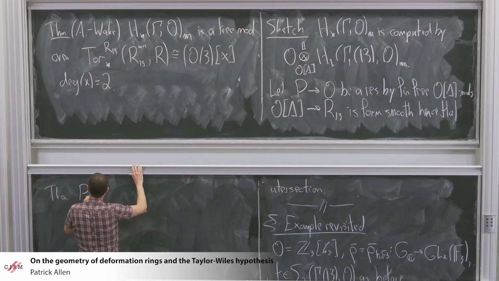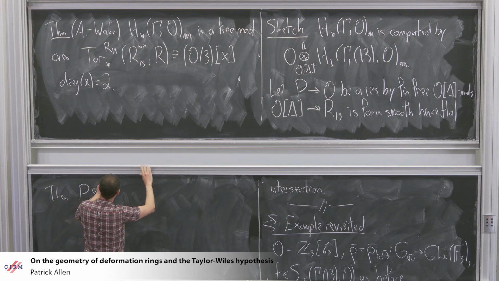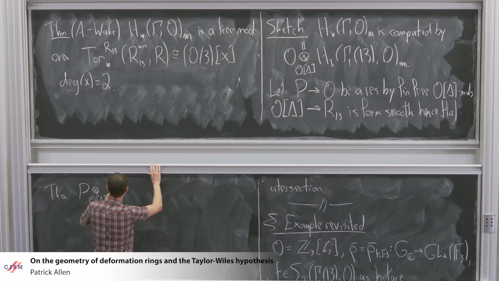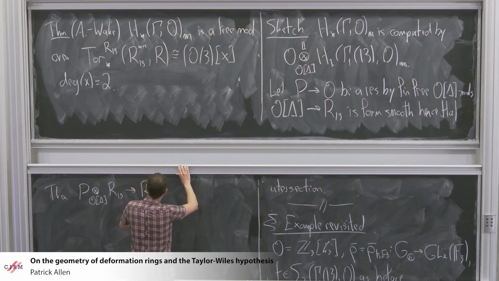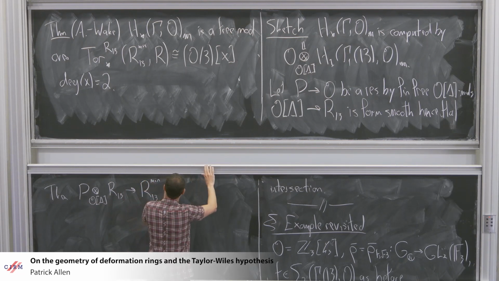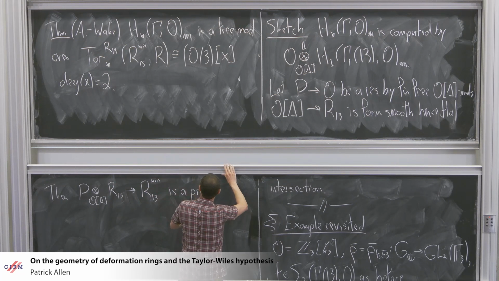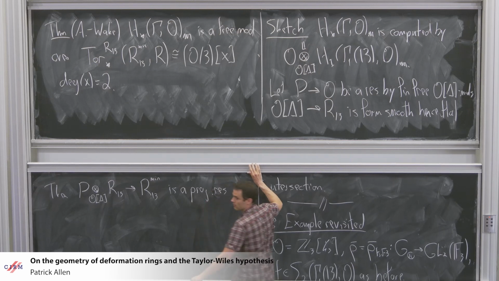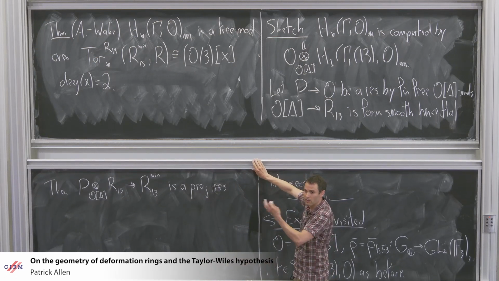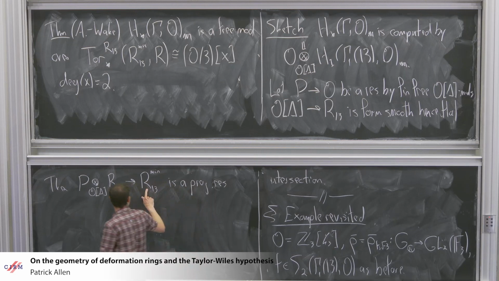So then if I take the tensor over O delta of R13, this is a projective resolution, right? Because since it's flat, if I tensor, this stays flat, and I took finite free things, so this is going to be a finite resolution by finite free O modules.